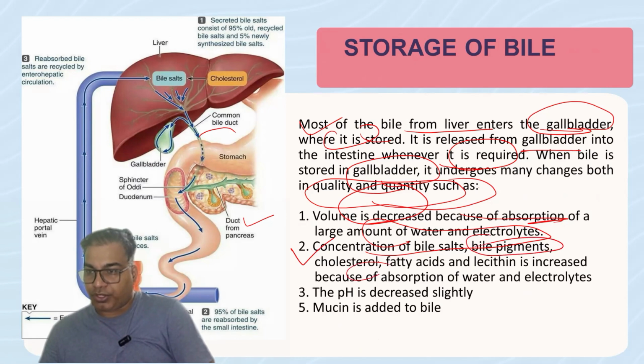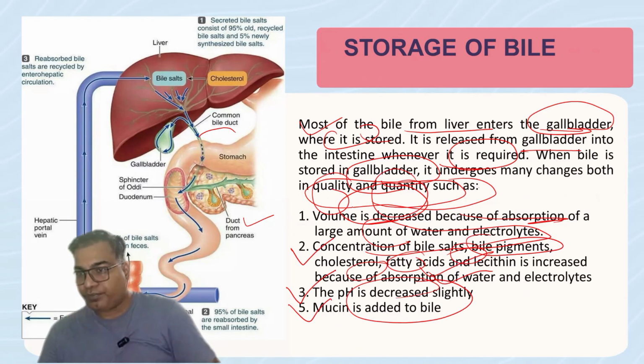Bile pigments, cholesterol, fatty acids, and lecithin will be responsible for the increased concentration. pH would be decreased. Mucus would be added into the bile. So these are some qualitative or quantitative changes which occur in the bile when it is stored in the gall bladder after secretion from the liver.